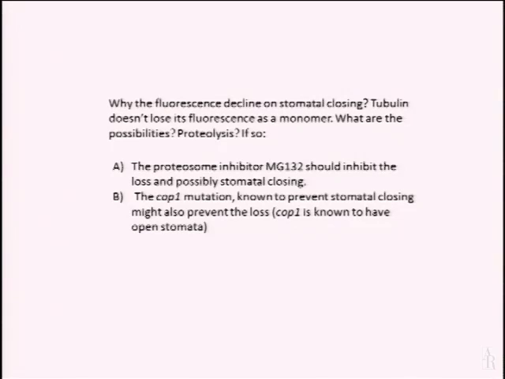And Rajneesh then treated these cells with MG132, which is an inhibitor of the proteasomal pathway, as I think you all know. And so it should inhibit this loss. And if it inhibits the loss, that means that the degradation of the multiple microtubule structures might be delayed, and this might slow the closing response.